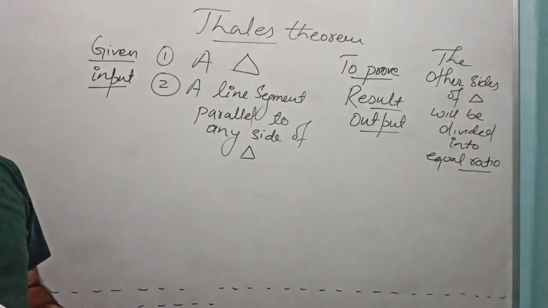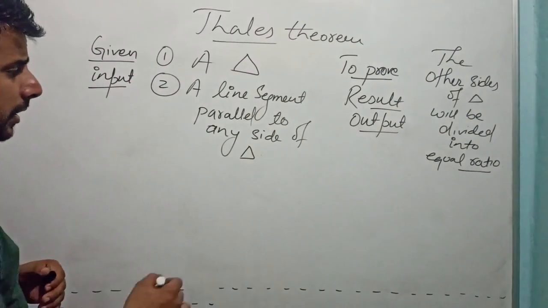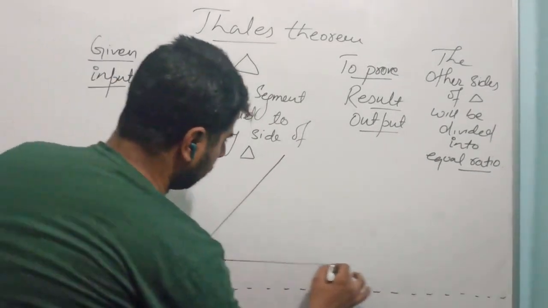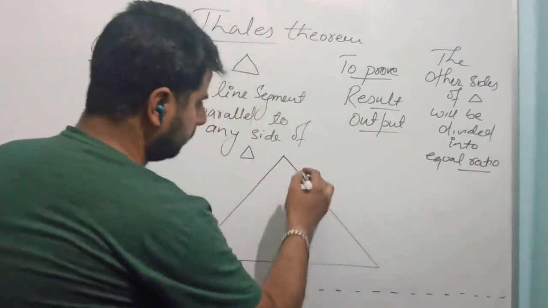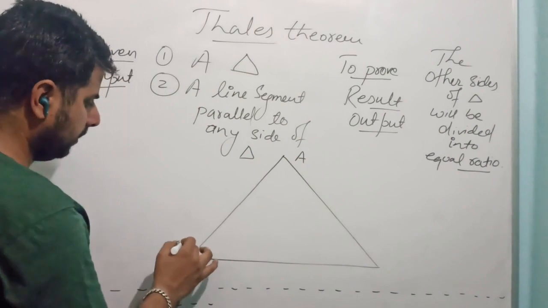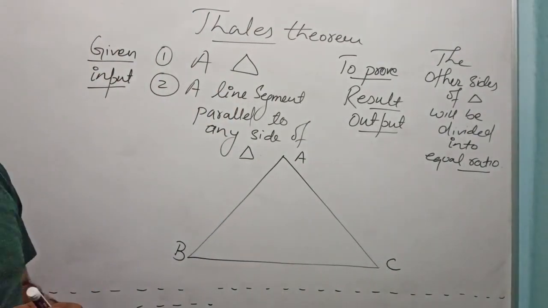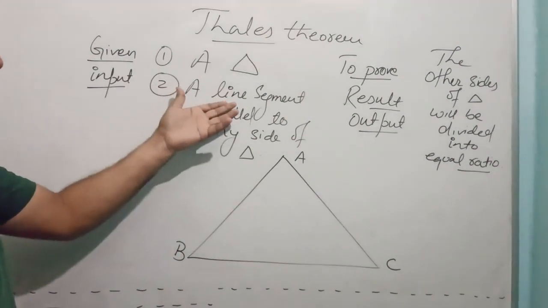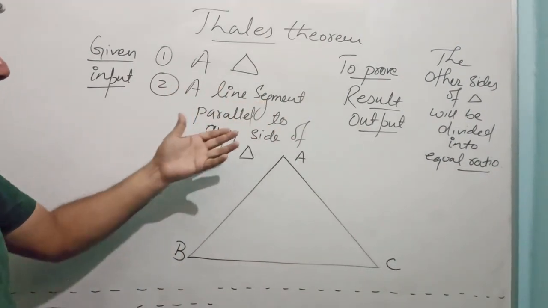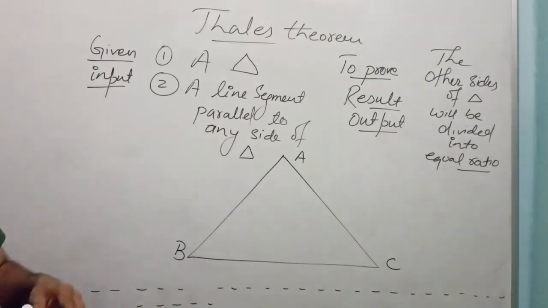So the first point is saying we need a triangle. I have drawn a triangle here. The triangle name is triangle ABC. Now the second point is saying a line segment parallel to any side of the triangle.